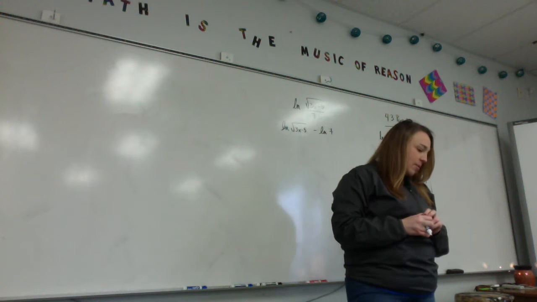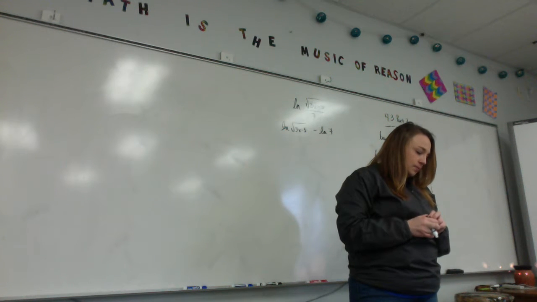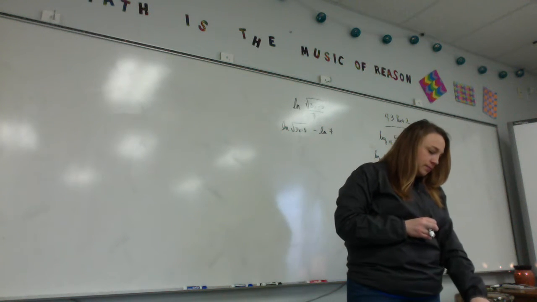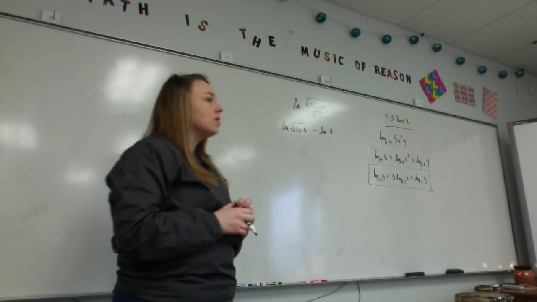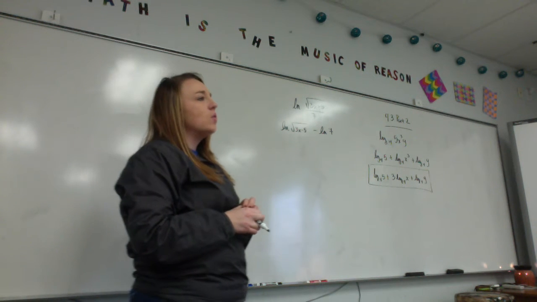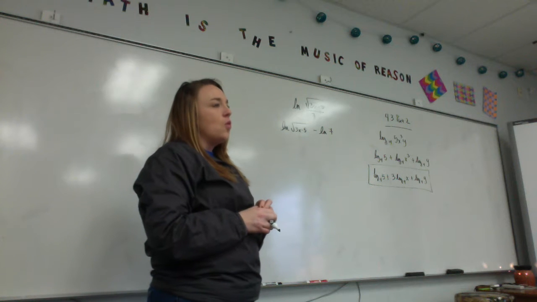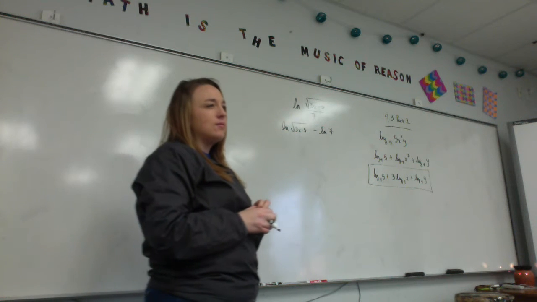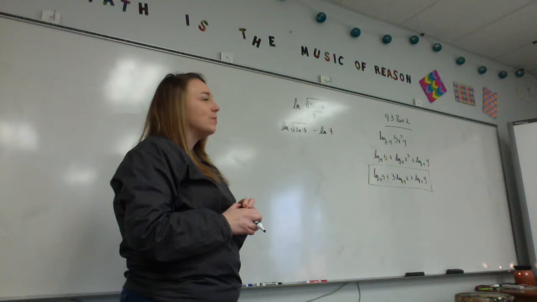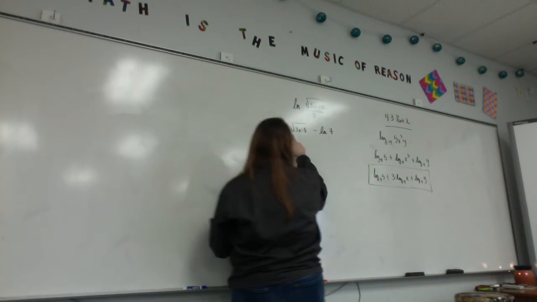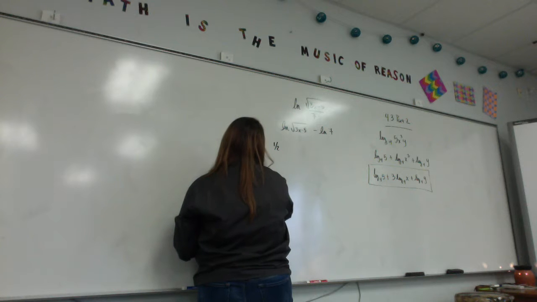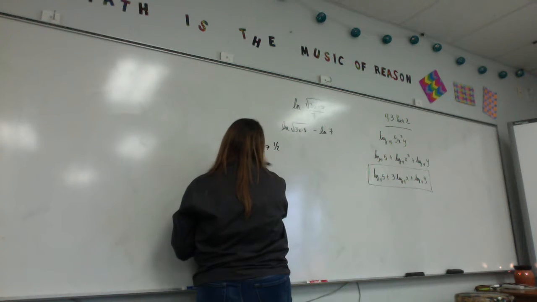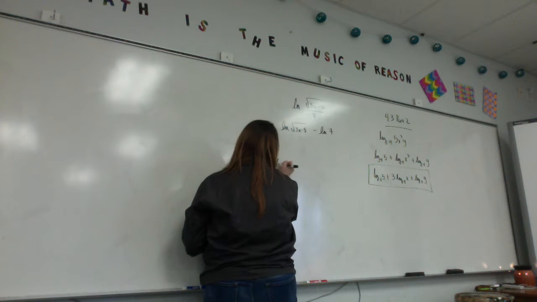How can you break that apart? If I'm taking the square root, what power do I have? When I'm taking the square root, I have a power of 1/2. When I have radicals, a square root translates to 1/2, and a cube root translates to 1/3.